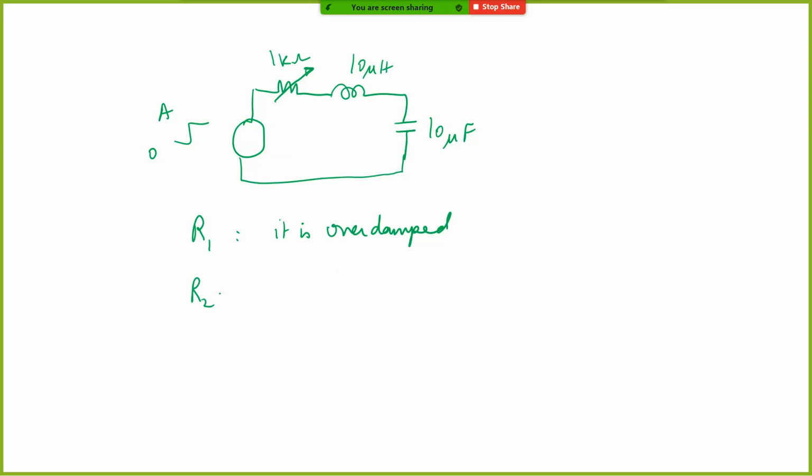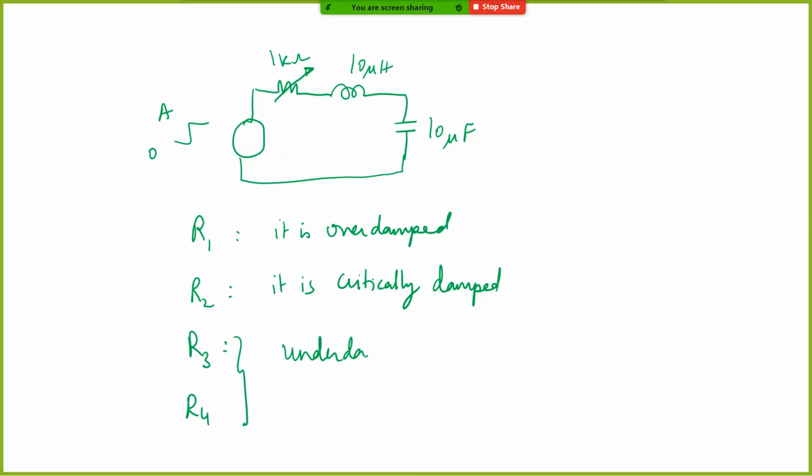Okay, R2 such that it is critically damped, and R3 and R4 both such that they are underdamped. In R4 basically you need to have a value less than R3.